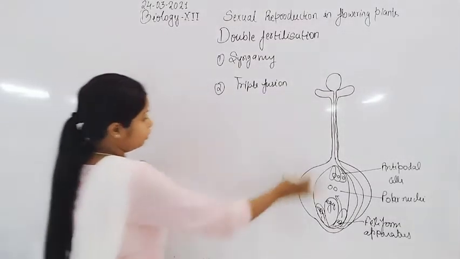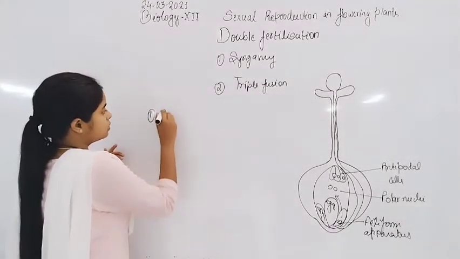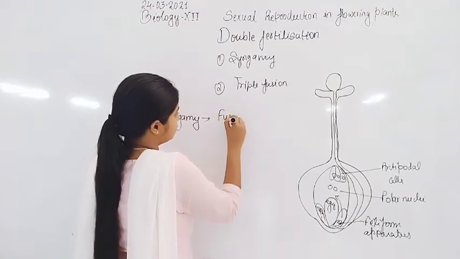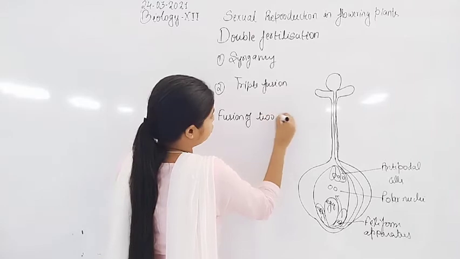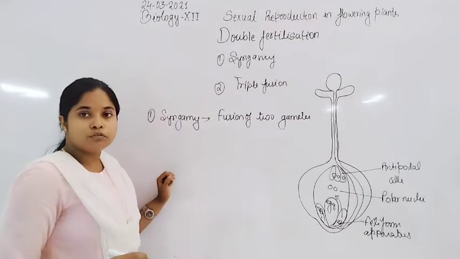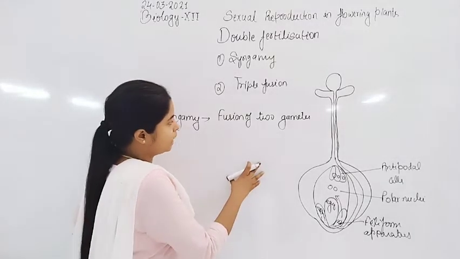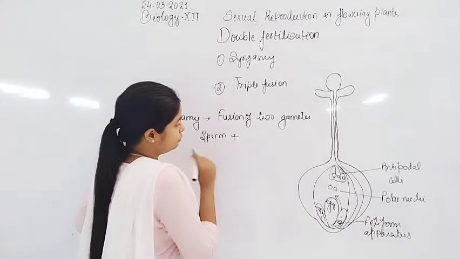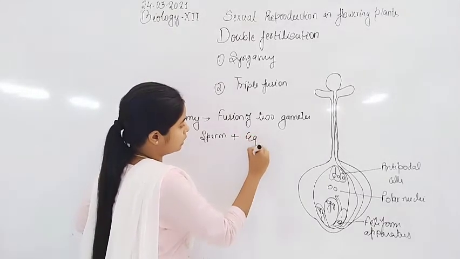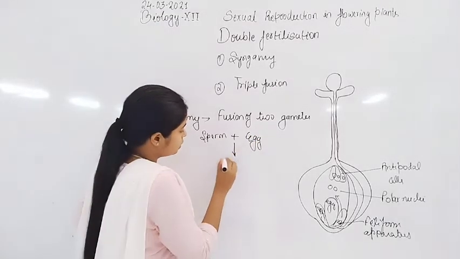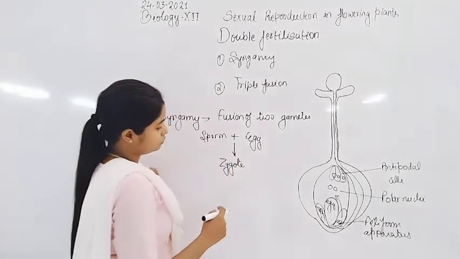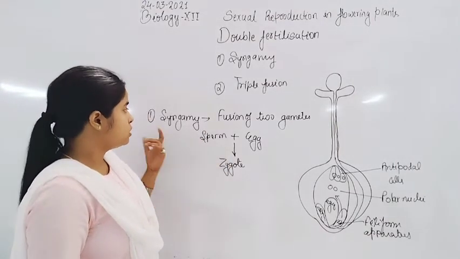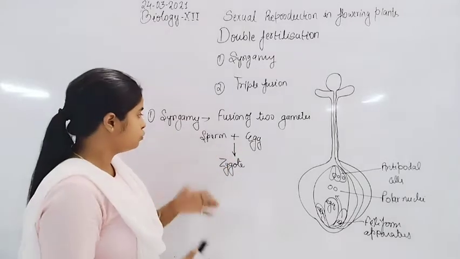So the syngamy process is the fusion of two gametes, in which the sperm fuses with the egg, and the result of this is the zygote. So what is the result? A zygote, because the male gamete and the egg fuse with each other to form the zygote.